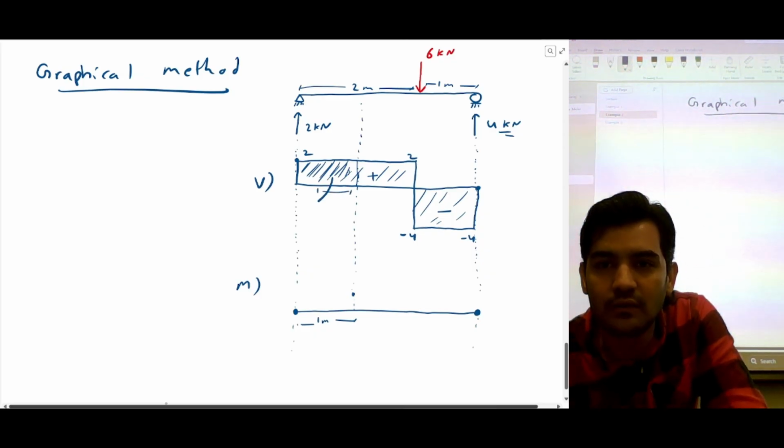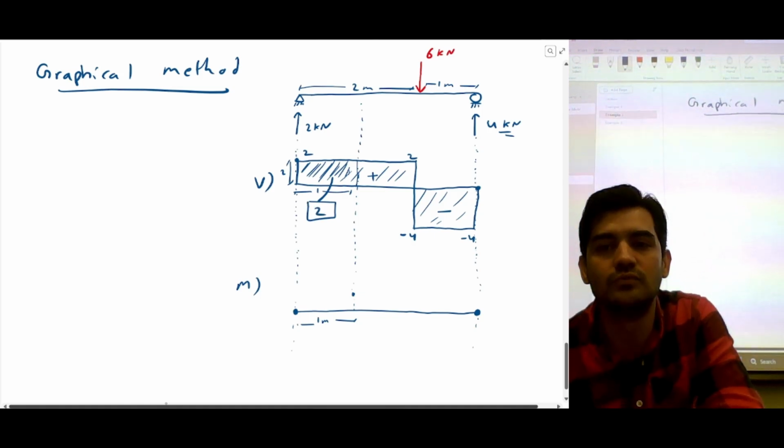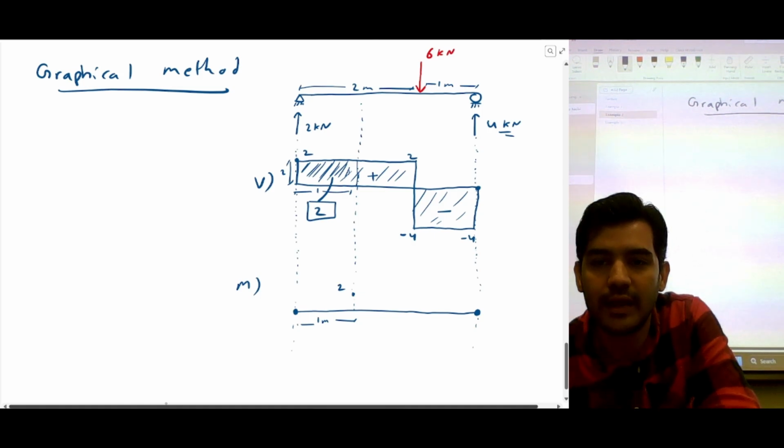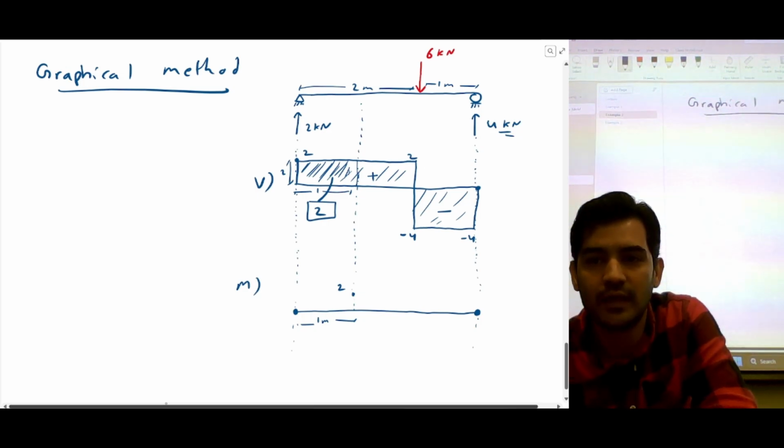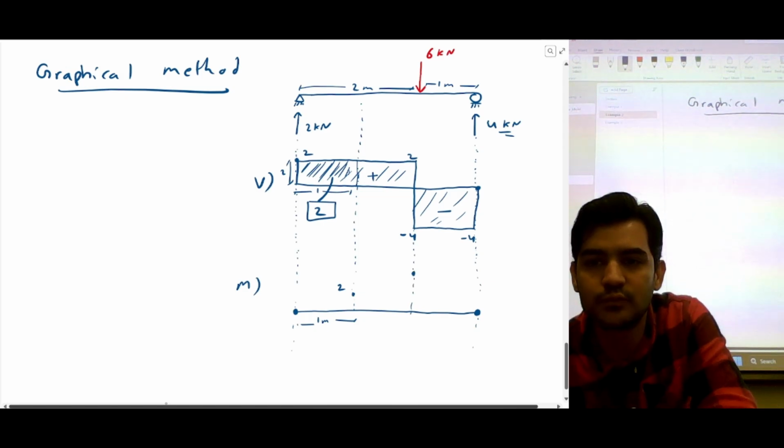This distance is 1 and this is 2. So the area is 2 into 1, 2. So this is our answer for this. If I want to calculate this point, then I have to calculate the entire area of the shear force.